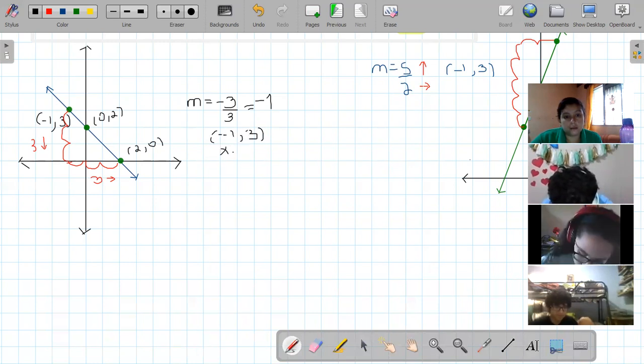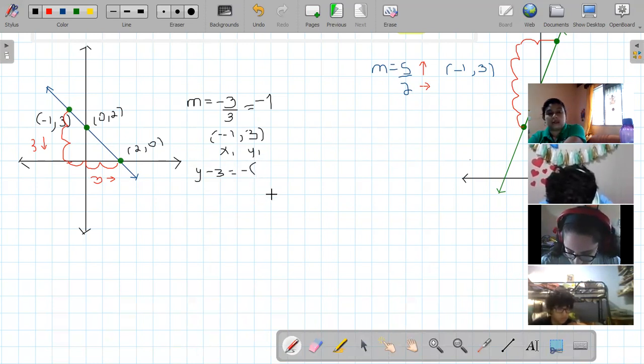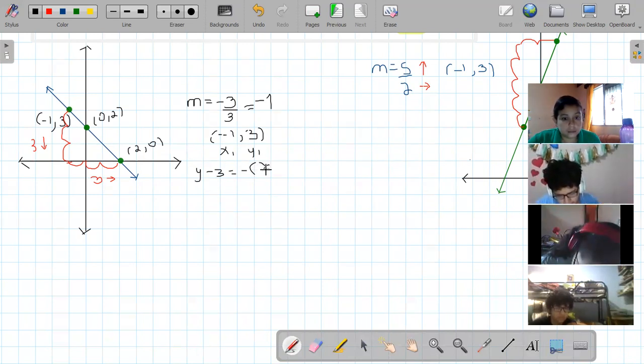So this is x1, this is y1. This is one way of doing the exercise, okay? So we're going to have y minus 3 is equal to -1, but since it's -1, I'm not using the number, so just the parentheses, x plus 1.